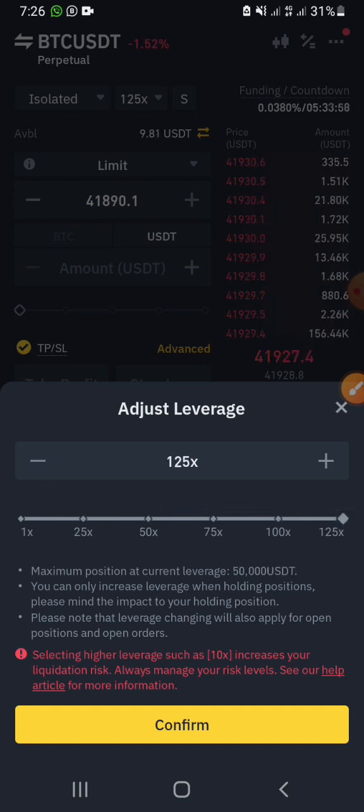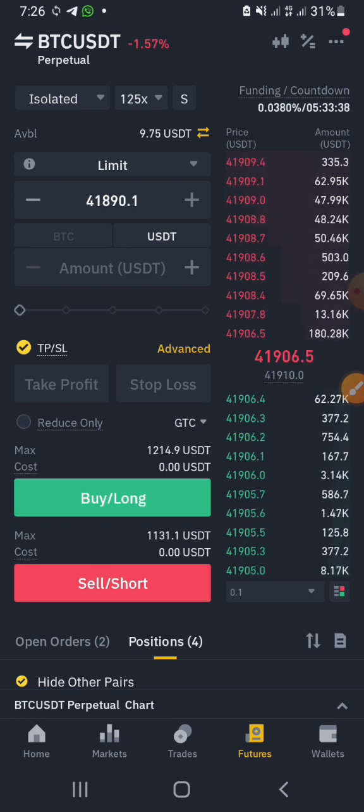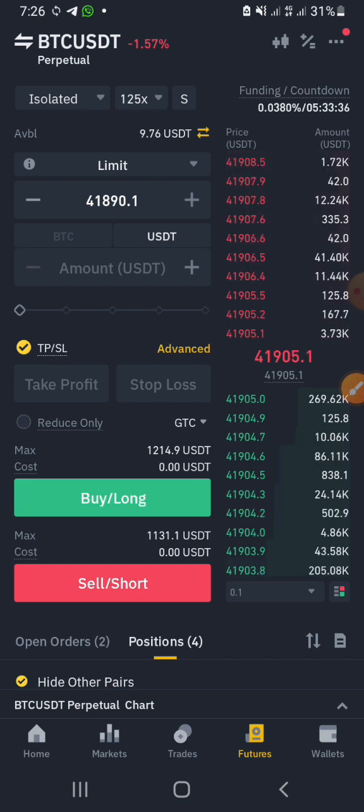But as I always advise, if you're a new trader just entering the crypto space, do not use more than 20x or a maximum of 15x. Yes, a maximum of 15x, and always make use of isolated trading if you're a beginner. Then as you advance, you can go over to cross and use a higher leverage for a higher percentage.